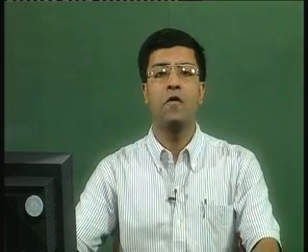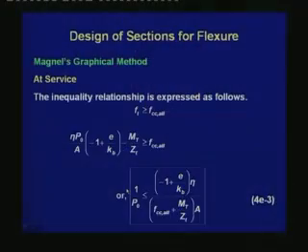We arrive at an equation which is the third inequality relationship related with the stress condition at service. Here we find that if E is equal to Kb, then the numerator on the right hand side becomes 0, and hence 1 by P0 will be equal to 0.